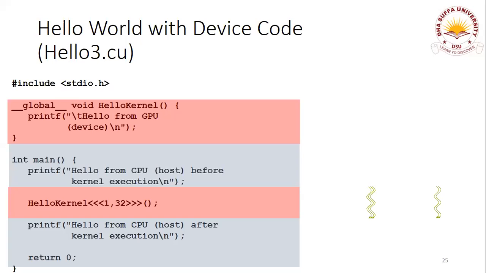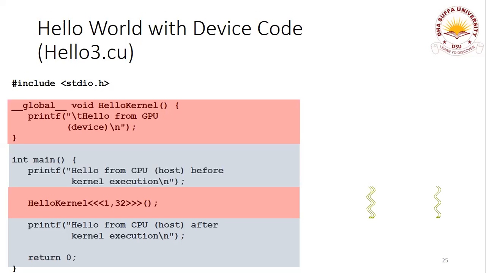We selected 32 students, put them in one group, and now they are going to execute this hello kernel function, which means each of them is going to print hello from GPU, right? Wherever, on a paper, on a screen, they are going to print hello from GPU, which means that this instruction is going to be executed 32 times.